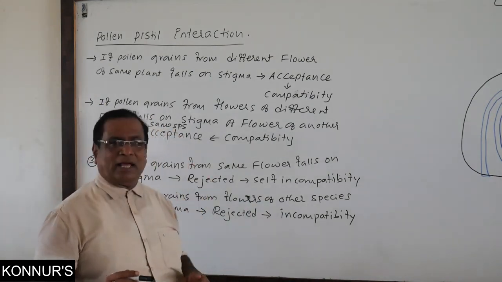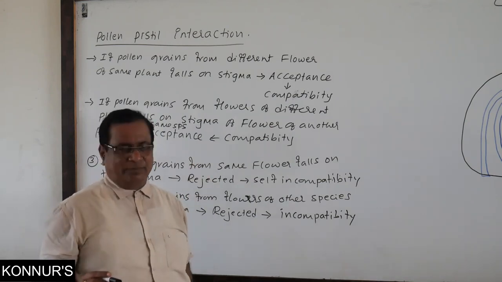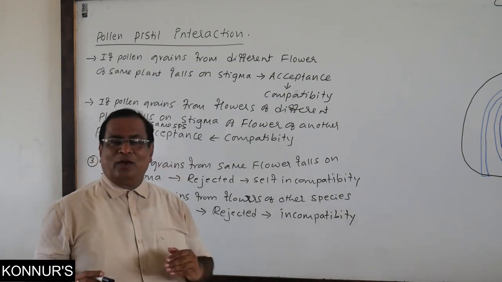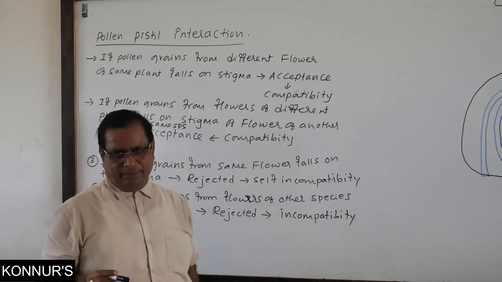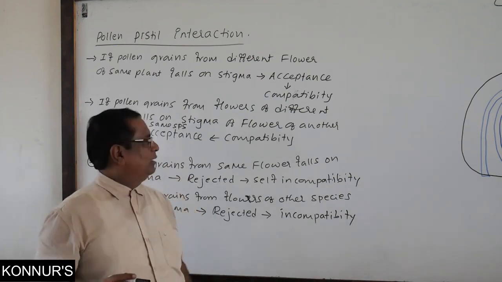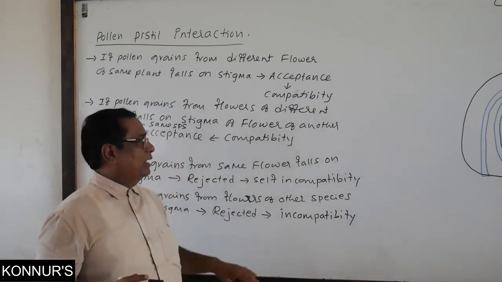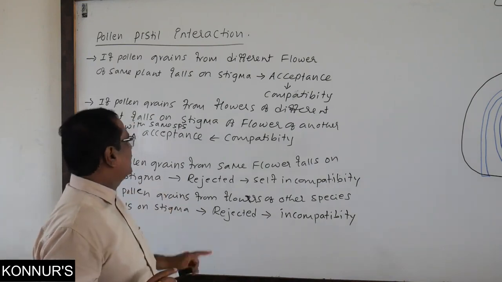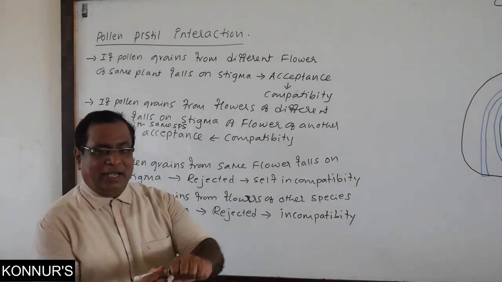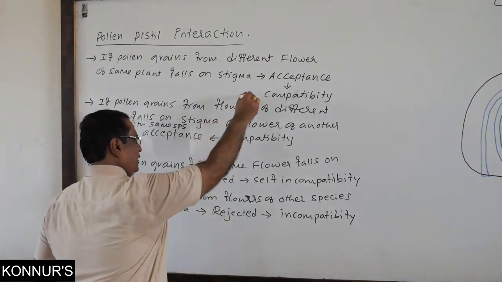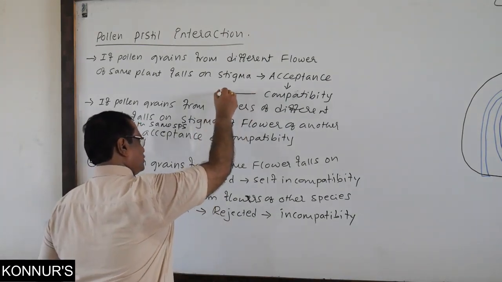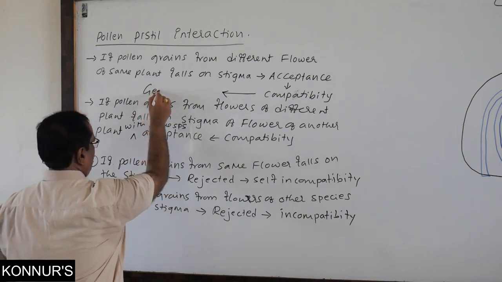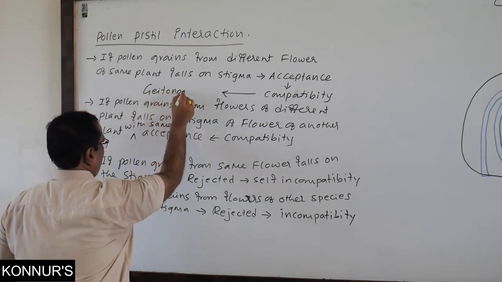those pollen grains are accepted because those pollen grains are compatible. They are compatible, accepted, and this is compatibility. It leads to cross-pollination. That cross-pollination is zytonogamy.